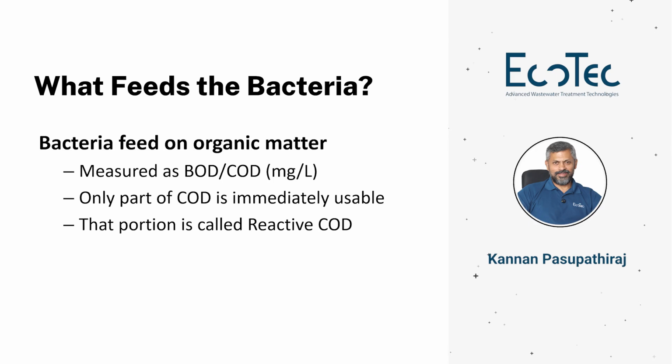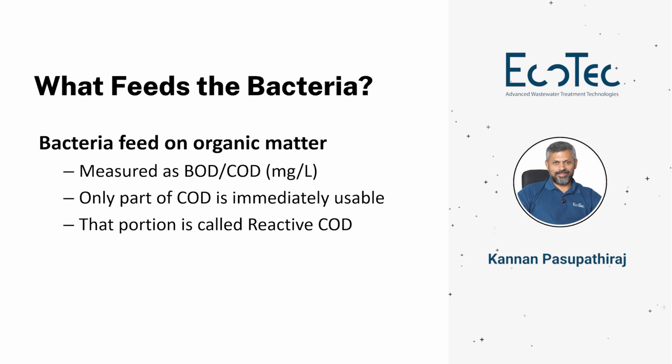Let's now understand how the bacteria in the system live. Bacteria do not survive on numbers. They survive on food. That food is organic matter, measured as BOD, COD, and other nutrients. But even the COD has layers. There is a part of the COD that is consumable.